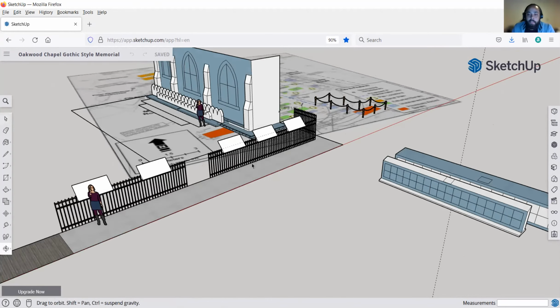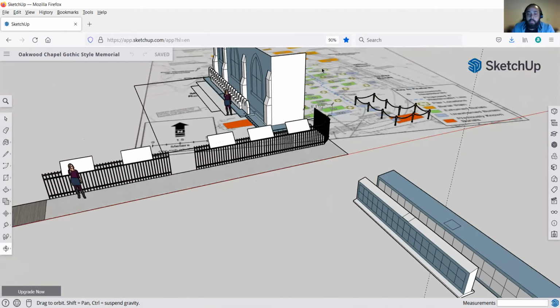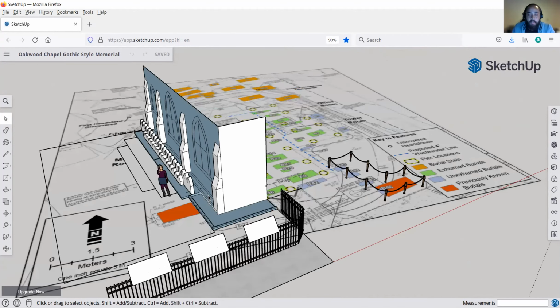Based off of Jennifer's initial dimensions, pictures and ideas, we were able to create this 3D structure of, I believe, the west side of the chapel.